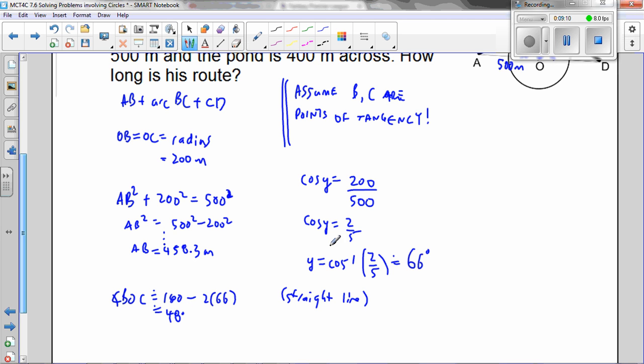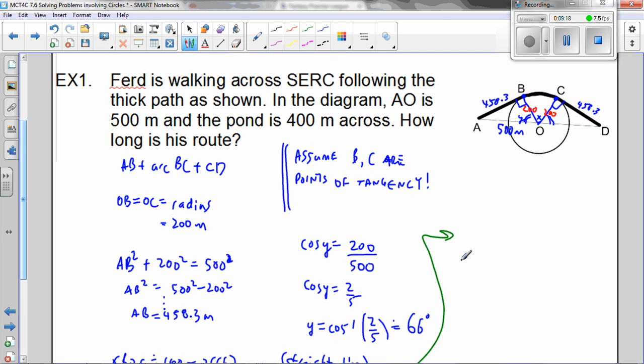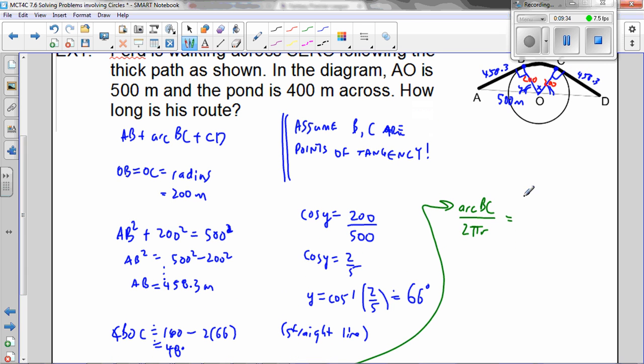Then I'm going to do this last calculation in green for go. I can figure out what arc BC is. Arc BC to the circumference, 2 pi r or pi d, however you want to do it, is that fraction of the circle. So the central angle was 48 degrees.